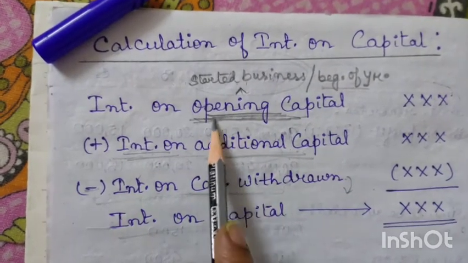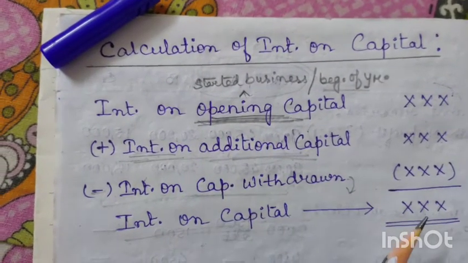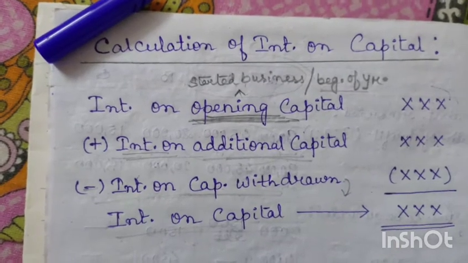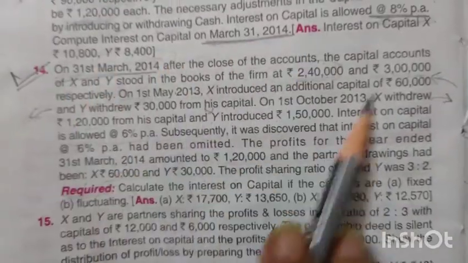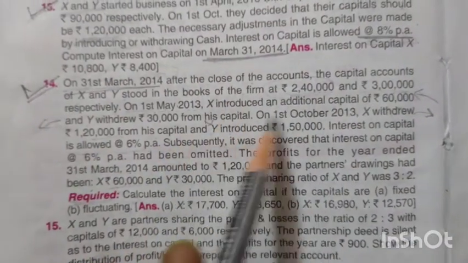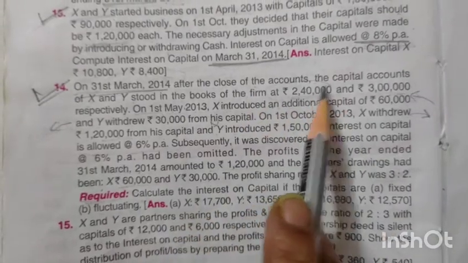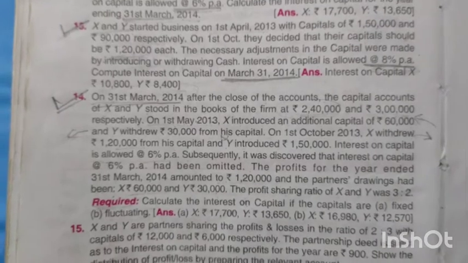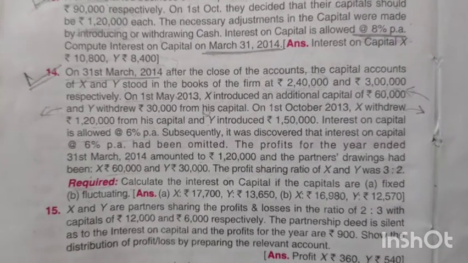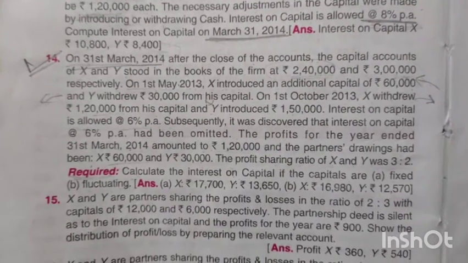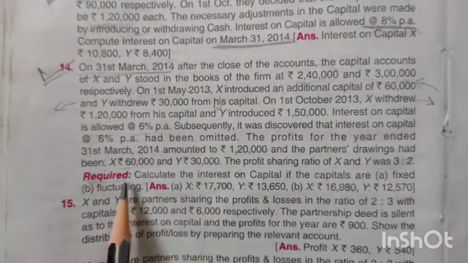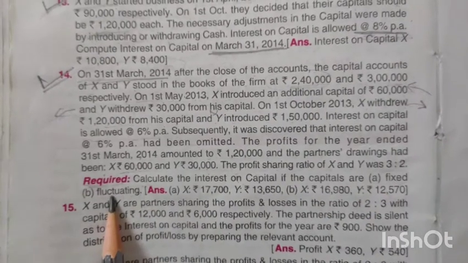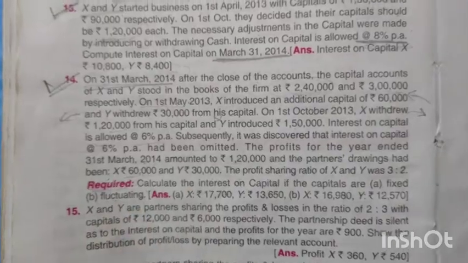But we need to calculate first the opening capital. But in the question, opening capital is not given. The capital which is given is our closing capital. And today I have explained to you how to calculate opening capital under fixed capital method and under fluctuating capital method.